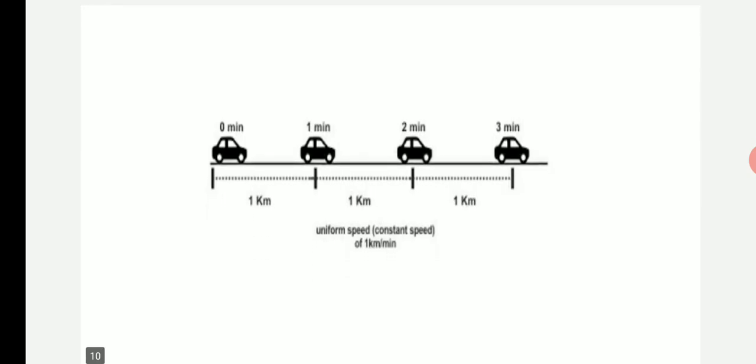Let us see this image. The car is traveling for 3 kilometers. From the first point to the second point, the distance is 1 kilometer. From the second point to the third point, the distance is again 1 kilometer. From the third to the fourth point, the distance is again 1 kilometer. For each interval of distance, the time taken is 1 minute.